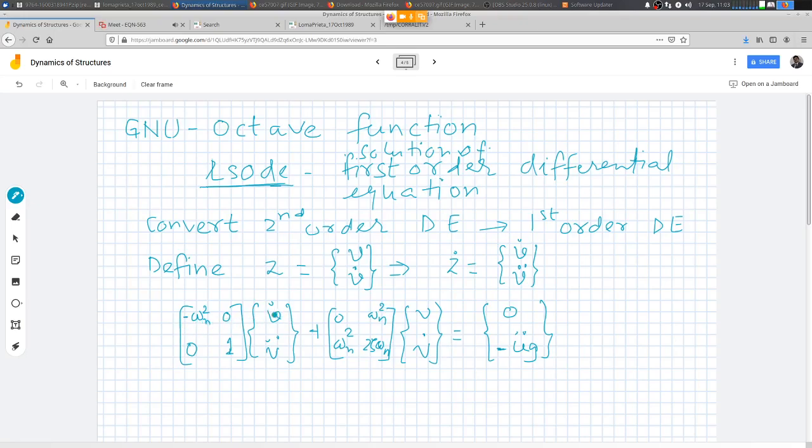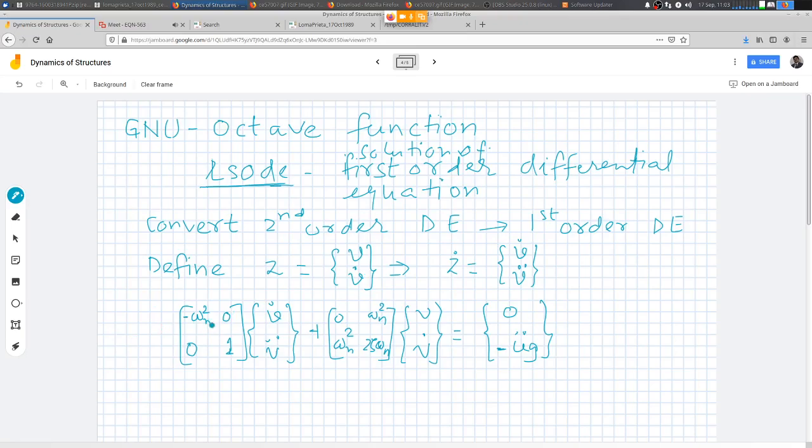Minus omega n square times v dot plus omega n square times v dot is equal to 0. This is what we call an auxiliary equation. It's just an identity statement, right? So we have not added anything, we have not done anything different. It is still the same differential equation which has now been converted.